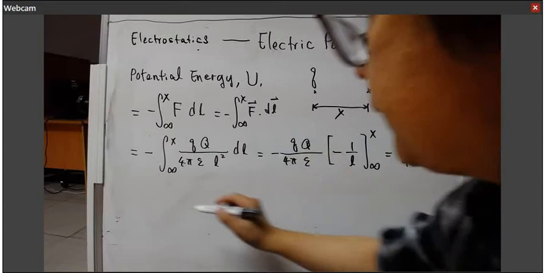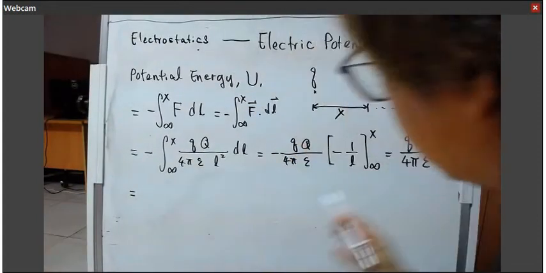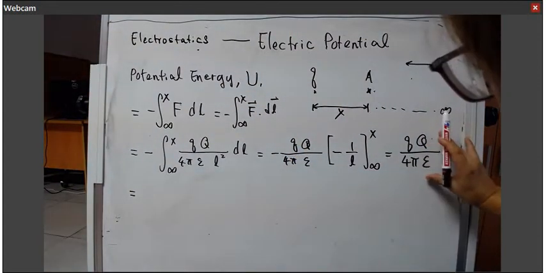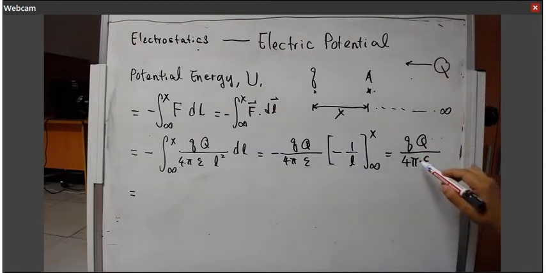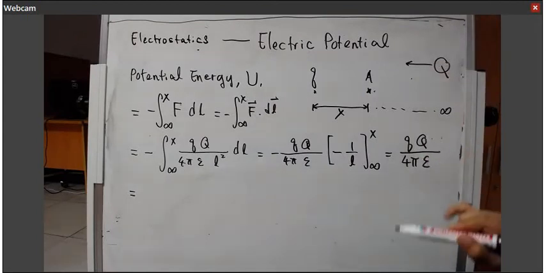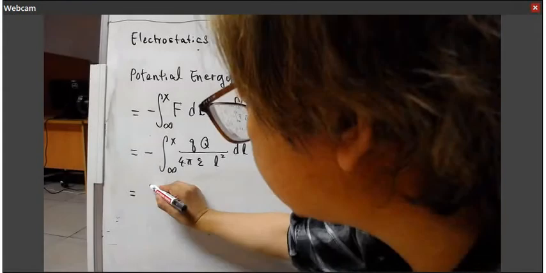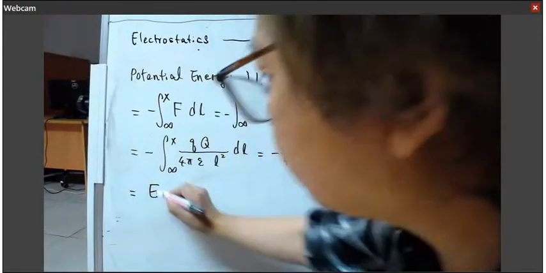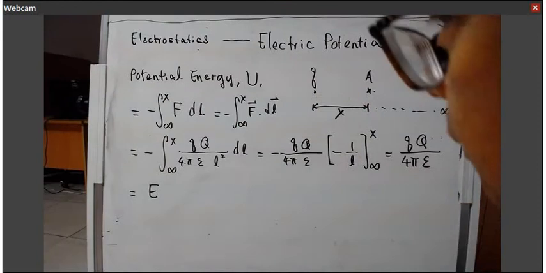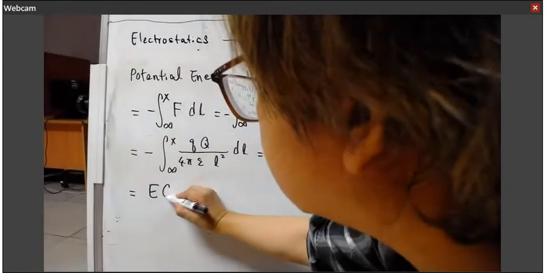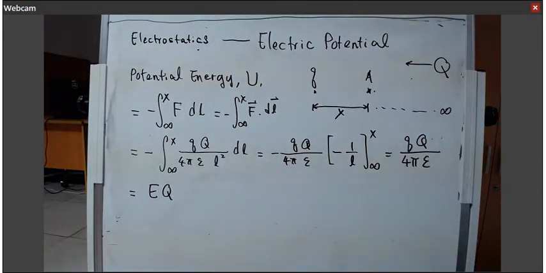You have already learned the concept of electric field, and small q divided by 4 pi epsilon in this expression is just equal to E, where E is the electric field radiated by small q.